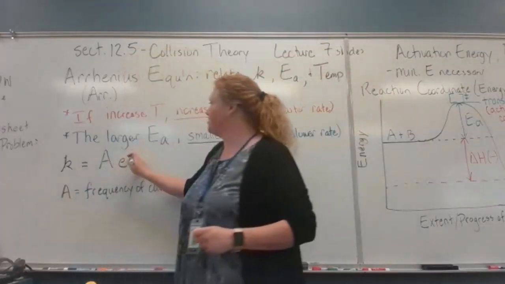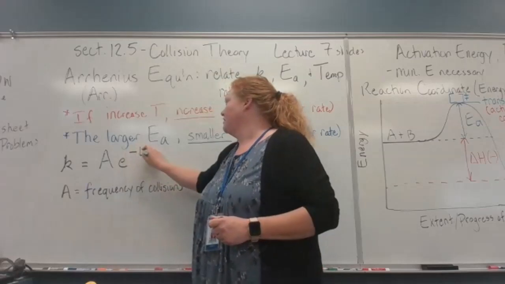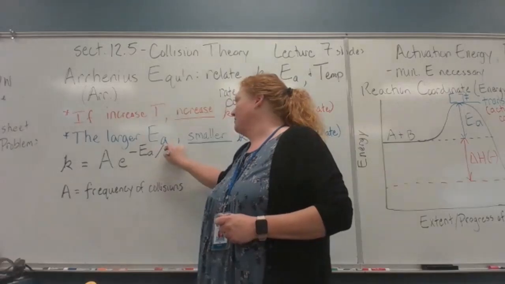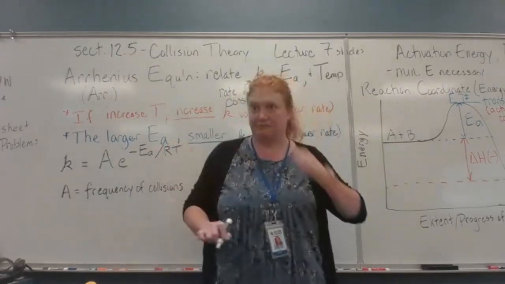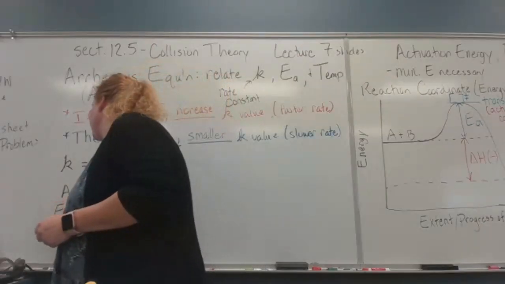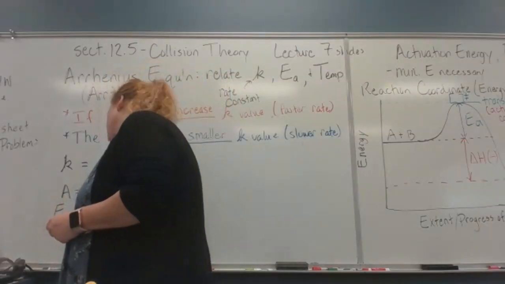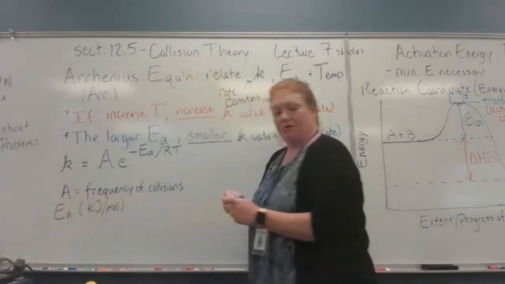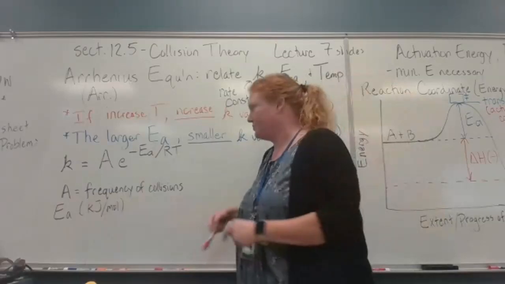Natural number e raised to the negative activation energy divided by R times T. Activation energy is typically going to be kilojoules per mole. So that means what value of R do I want us to just automatically use?